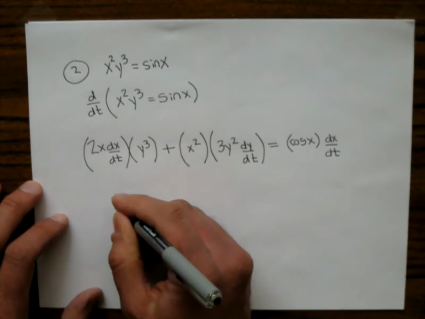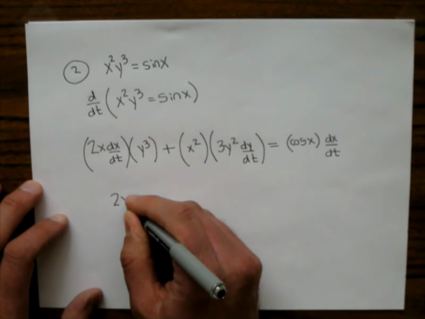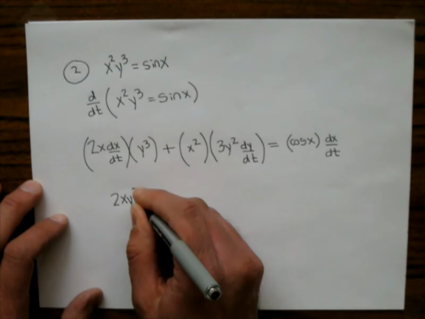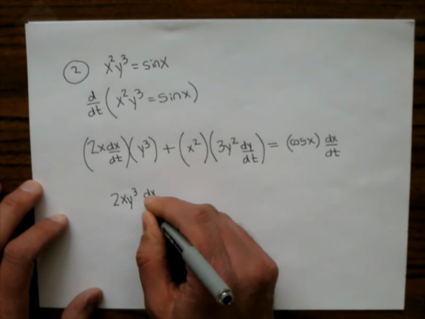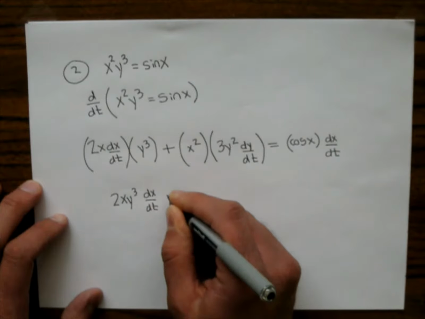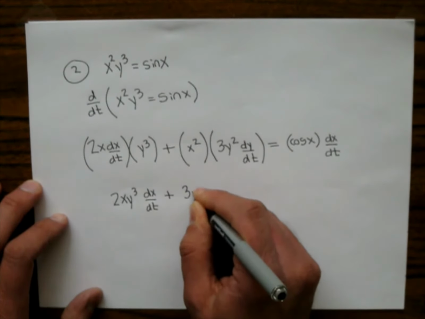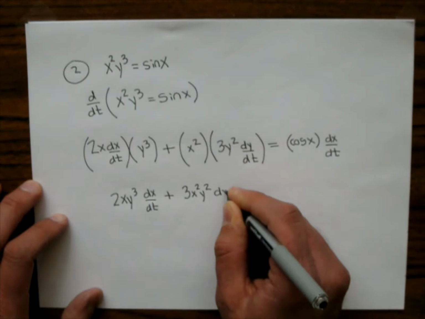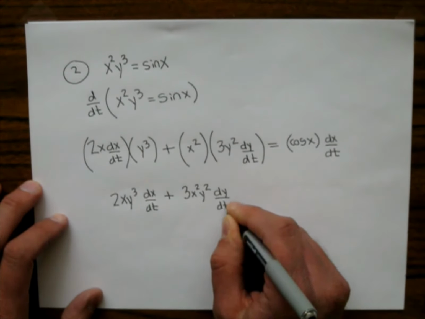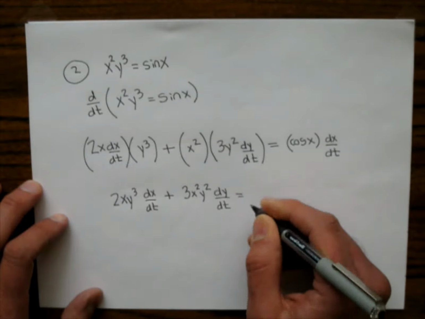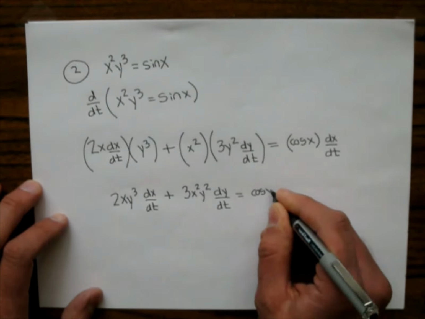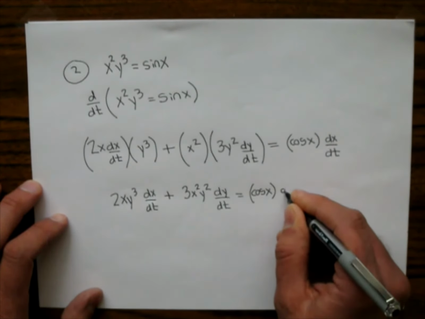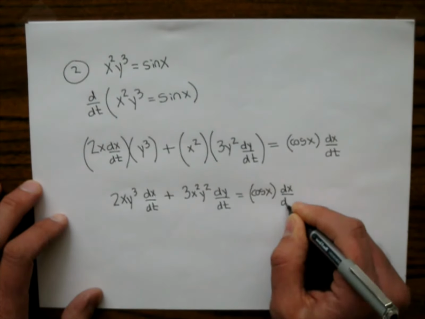Let's write out our answer so it looks nice. 2xy cubed dx dt plus 3x squared y squared dy dt equals the cosine of x dx dt.